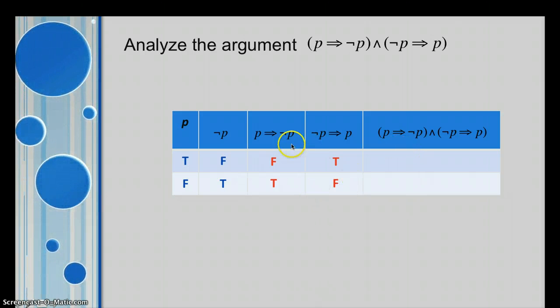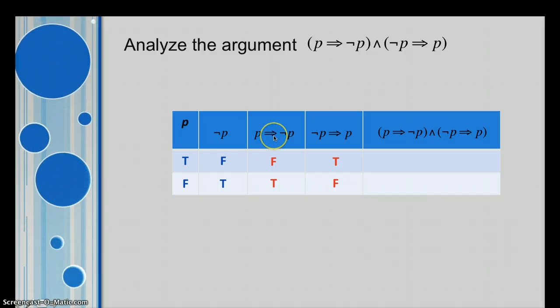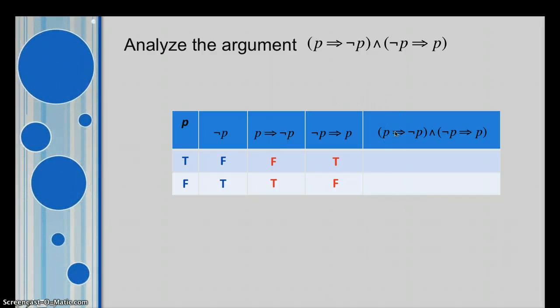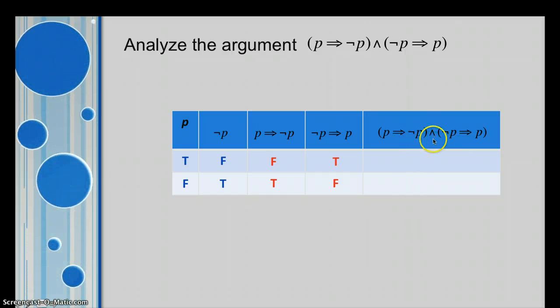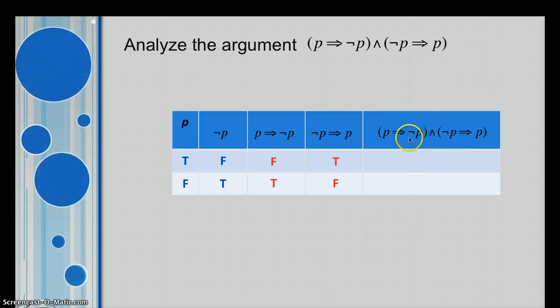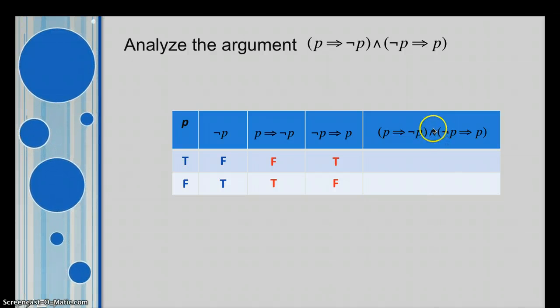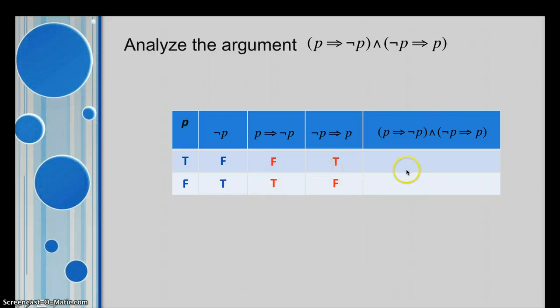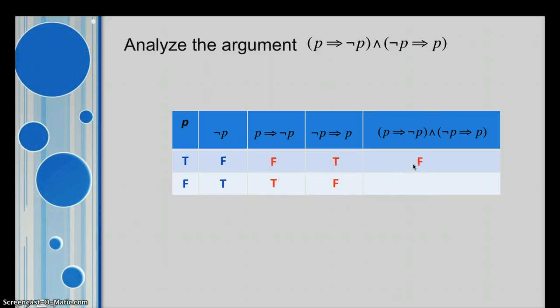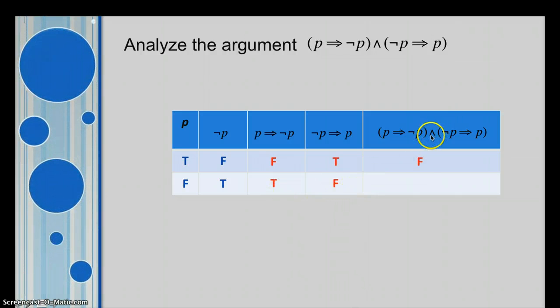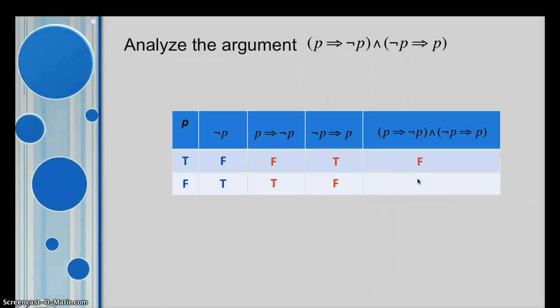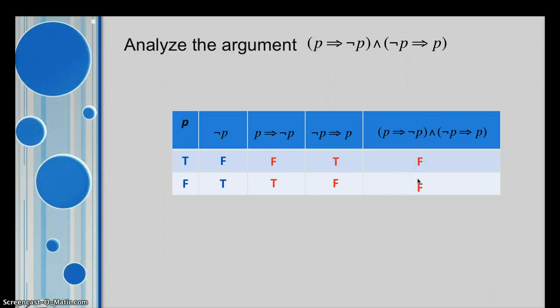Now look at the symbol. This is the same as this compound statement, and this compound statement is the same as the last one over here. Now you're going to analyze this argument using and, as you see here in the middle. So it's like F and T. The result is going to be false. And true and false is also false.